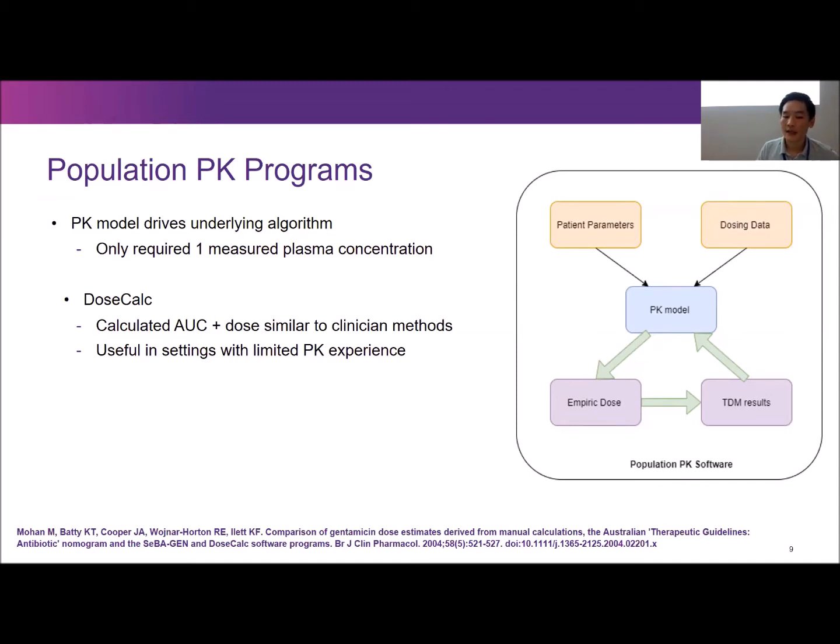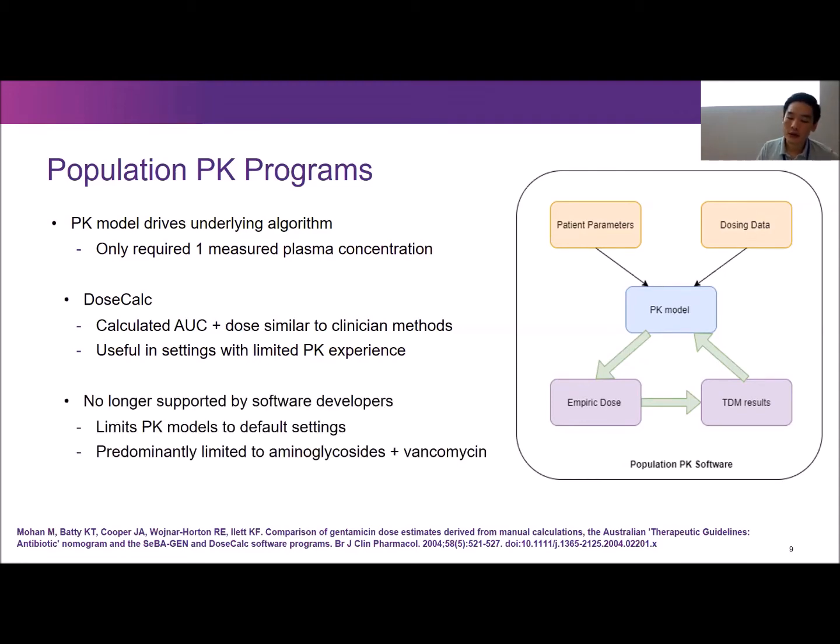And what they found was that the actual AUC that was calculated was very similar between both groups. So I suppose this potentially highlights the utility of these programs in centers where you may not have clinicians who are very familiar with calculating PK parameters, but you still want to use a PK/PD approach to your dosing. So this will actually simplify that process for you and potentially make it a suitable alternative.